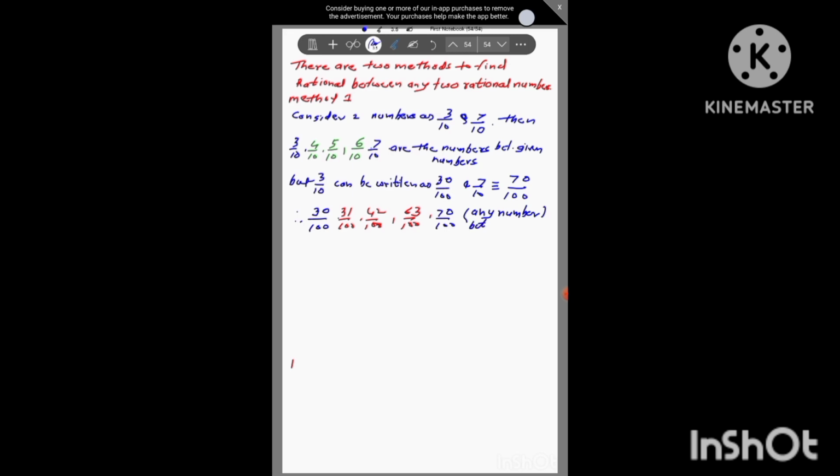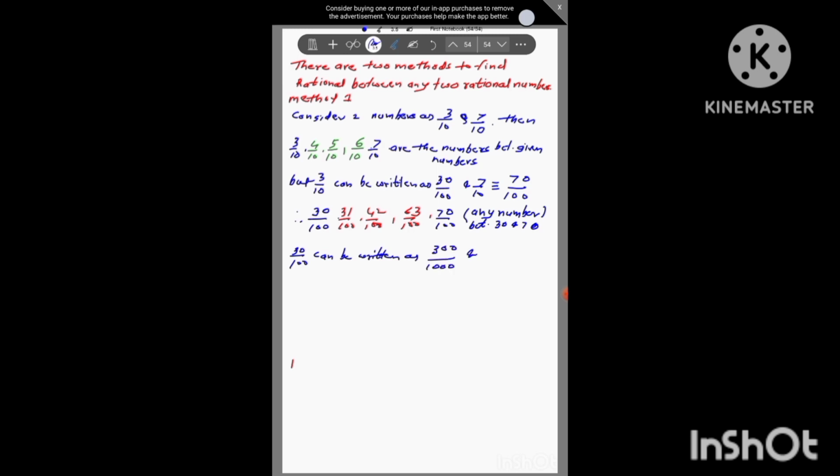Now we go ahead. 30 upon 100 can be written by multiplying again by 10 to numerator and denominator, so it is 300 upon 1000. Get it here?